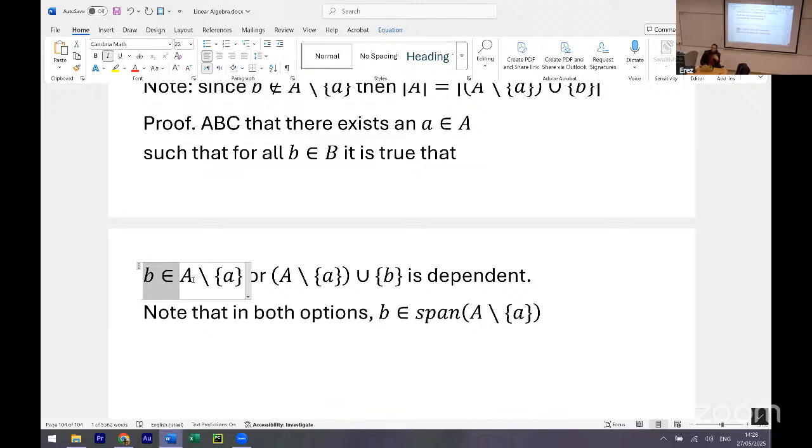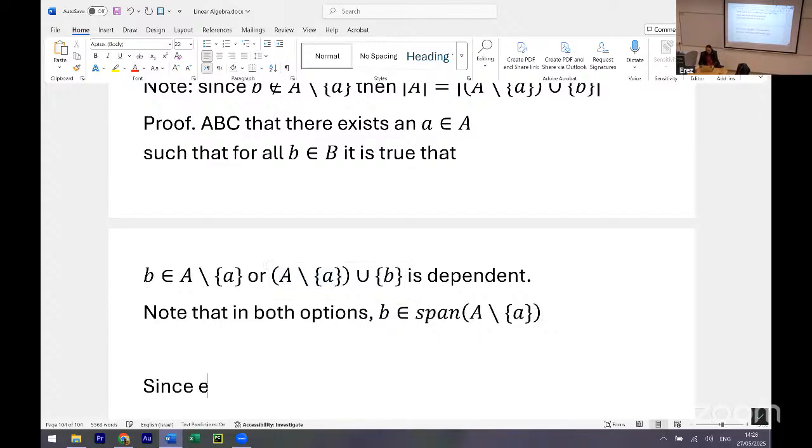You can multiply it by 1 and the others by 0. But if this is dependent, that's the proposition I proposed to Sami before. If we took an independent sequence and added a vector and suddenly it became dependent, it's because B can be created by the vectors that were there. That's the proposition I wrote before. So in any case, B can be created in A without A.